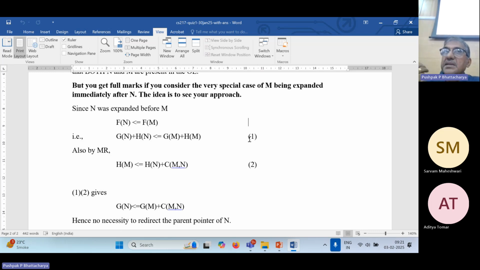But the moment N is expanded, who said that Gm will remain the same? It is possible that N is changing one of the ancestors of M. One of the children of N is an ancestor of M.